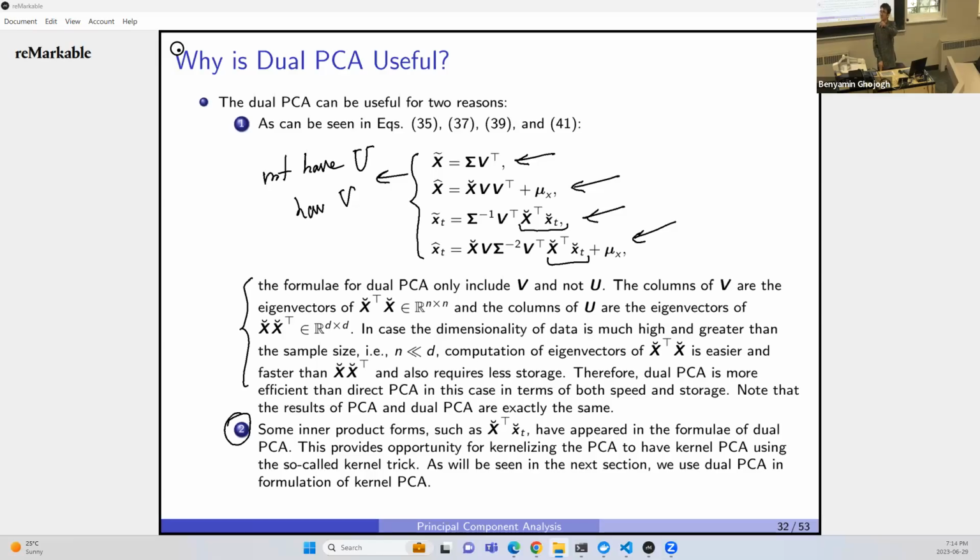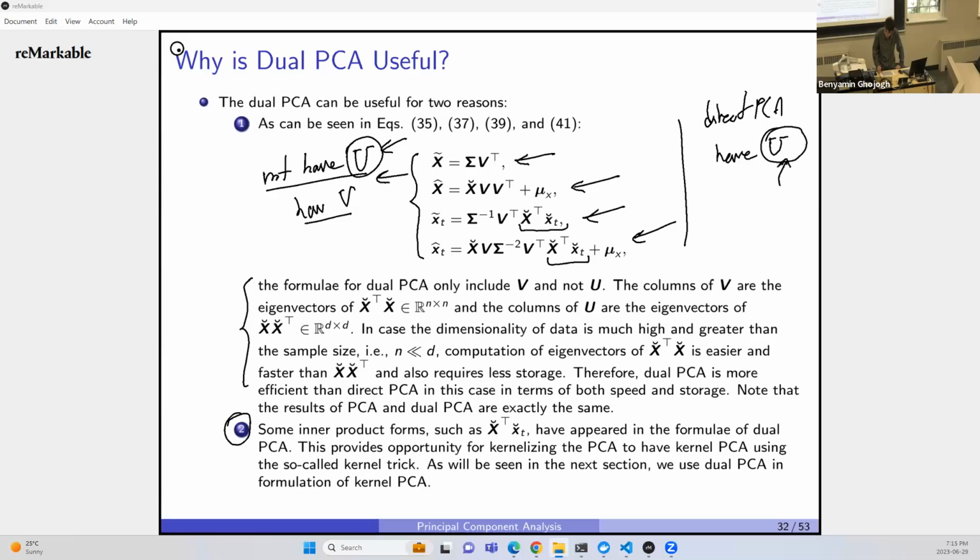However, recall direct PCA. In direct PCA, we always had U. U transpose X is the projection, and U times the projection is the reconstruction. So in direct PCA, we have U. In dual PCA, we don't have U, but we have V, right? Although this U and this U are a bit different. This is the left singular vectors.